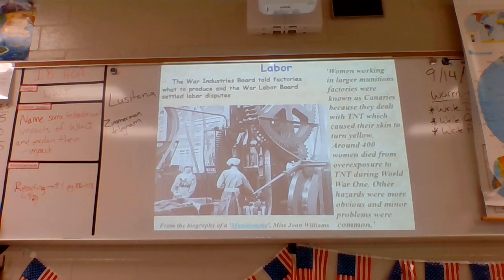You can see on the right, women are also going to start working in factories. Some of these women that were working in ammunition factories, they would be handling TNT, and they were nicknamed canaries because the TNT caused their skin to turn a yellowish color.